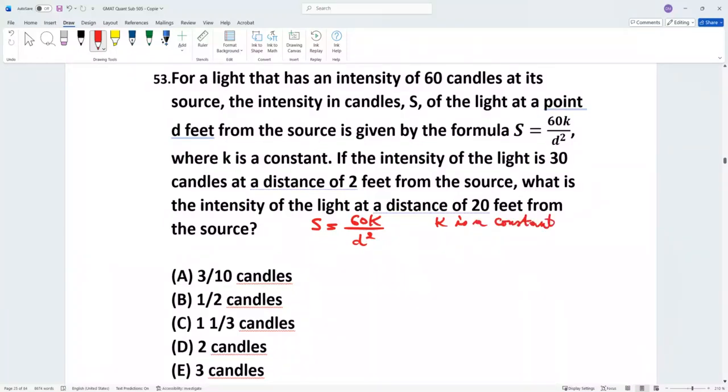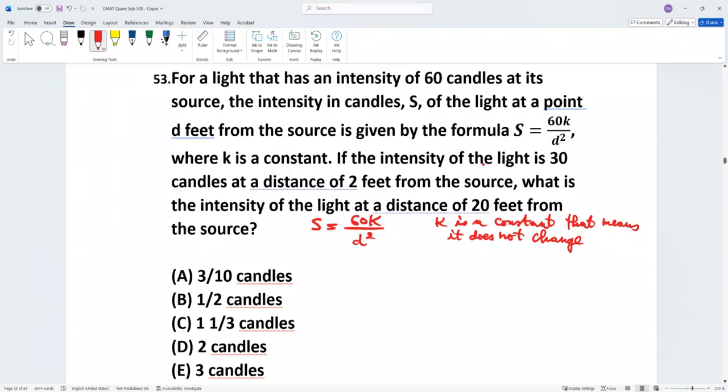That means that it does not change. So when we find the value of K, it's going to be the same everywhere.